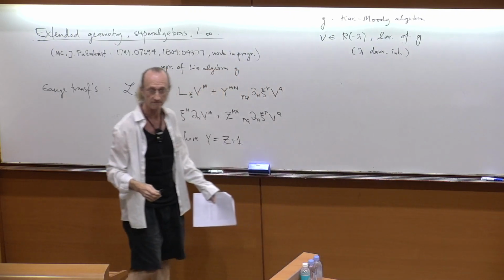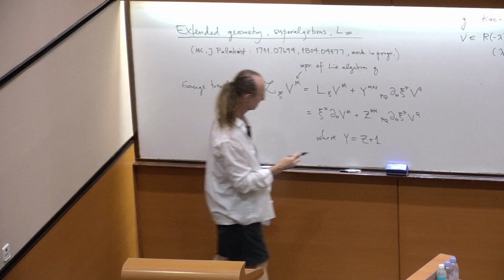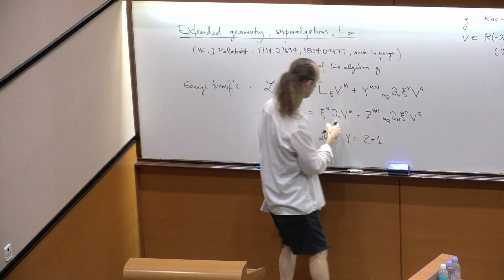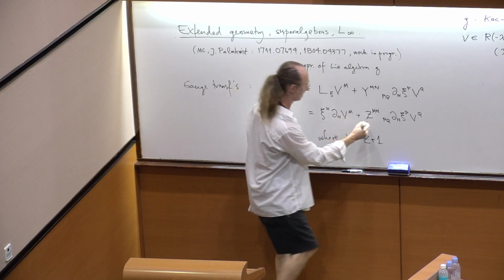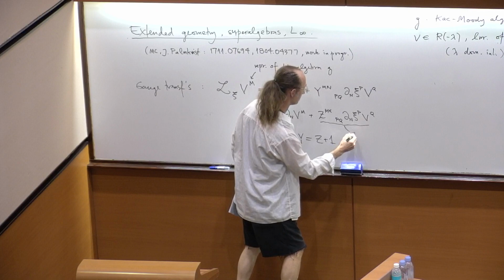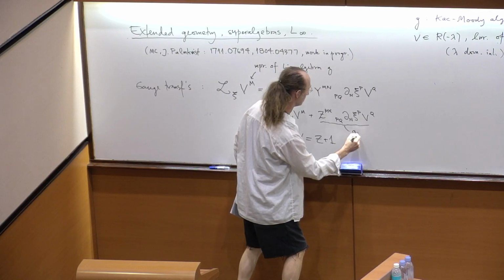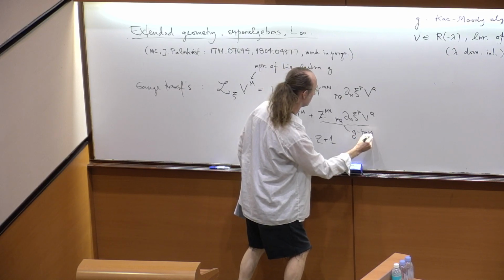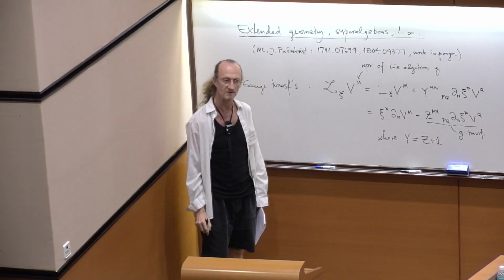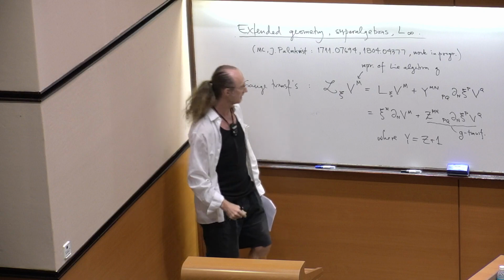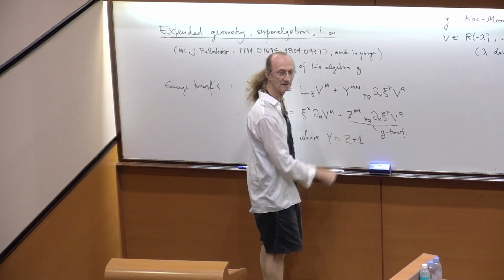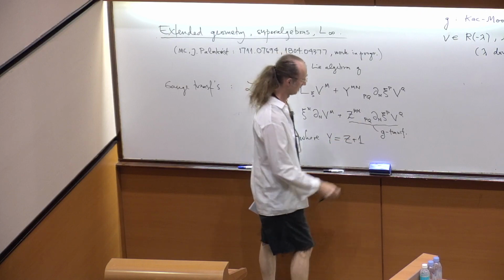Otherwise, it's not meaningful. But there is something more you can ask, namely that this should be a transformation that actually sits in G. So you rotate, it's not really meaningful unless you rotate V by something which lies in G itself.